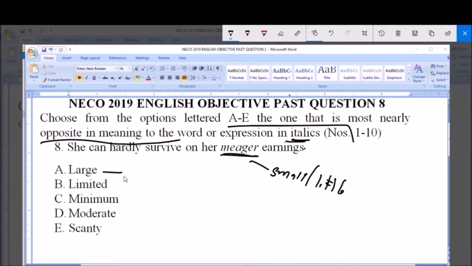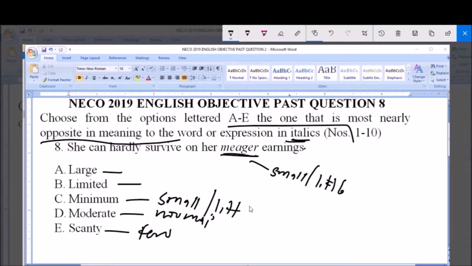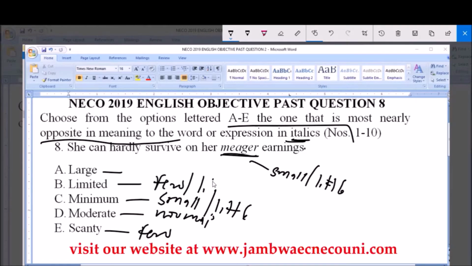Option A says large, B says limited, C says minimal, D says moderate, E says scanty. Scanty means few. Moderate means normal. Minimal means small or little. Limited means few or little, and large means big.